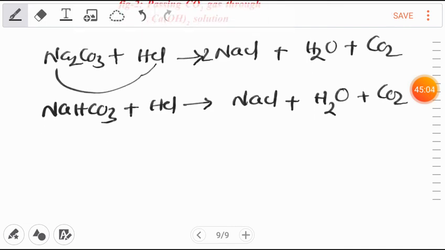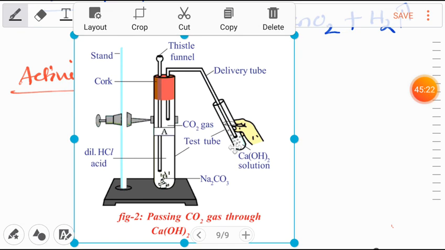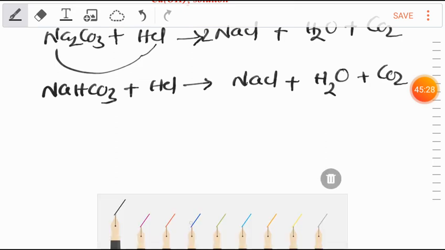When CO2 is produced, how can you test CO2? You see here, to test the CO2, we took lime water, Ca(OH)2. We bubble the CO2 gas in this. Then what will it convert to? Test for carbon dioxide: whether the released gas is carbon dioxide or not, how can you test?